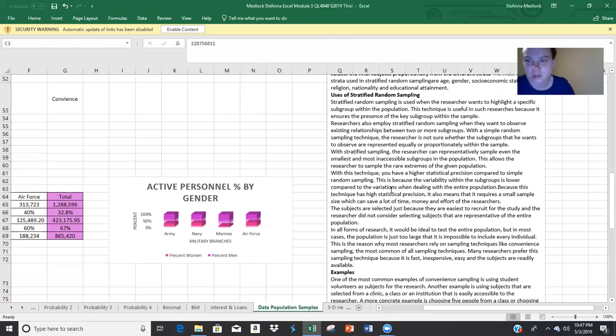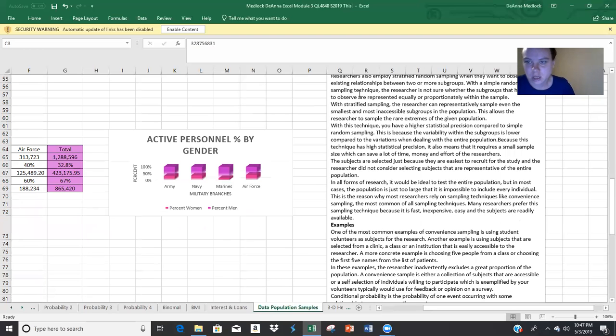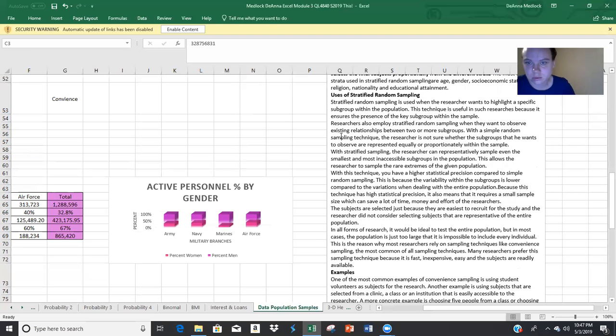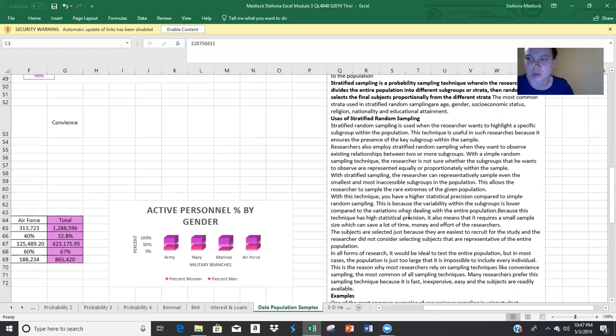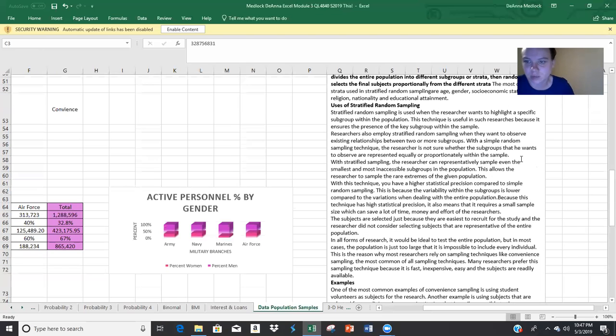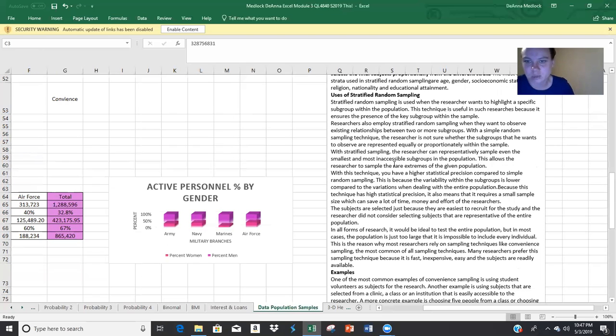With the simple random sampling technique, the researcher is not sure whether the subgroups that he wants to observe are represented equally or proportionally within the sample. With stratified sampling, the researcher can sample even the smallest and most inaccessible subgroups in the population.